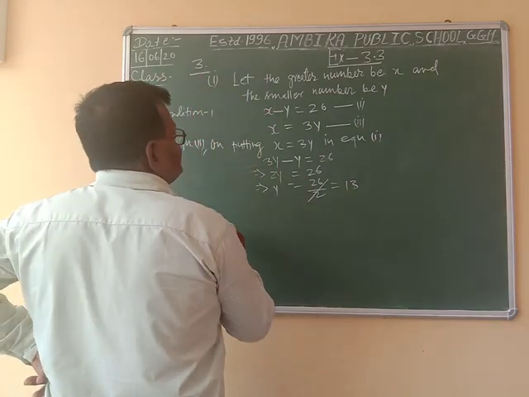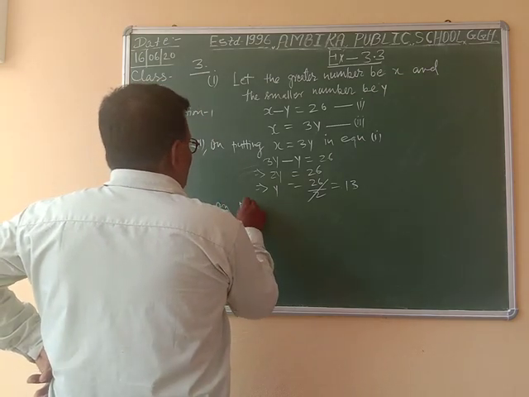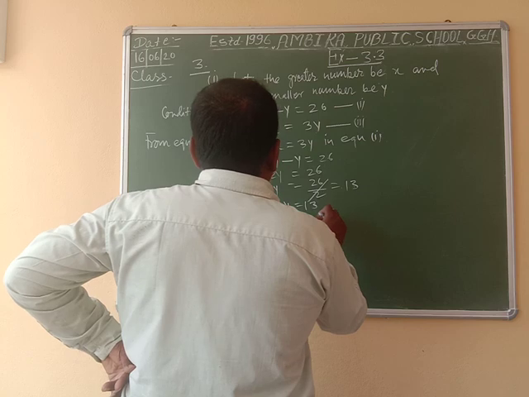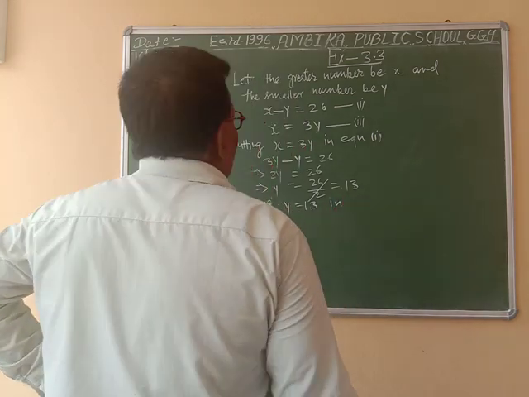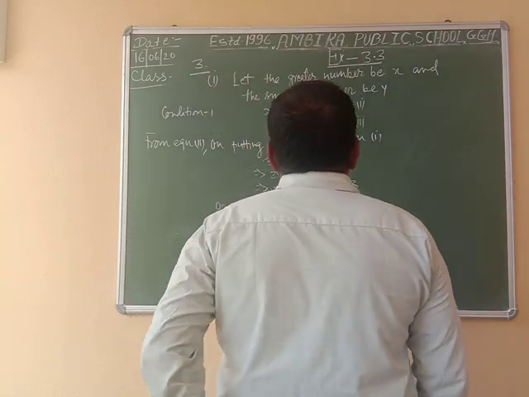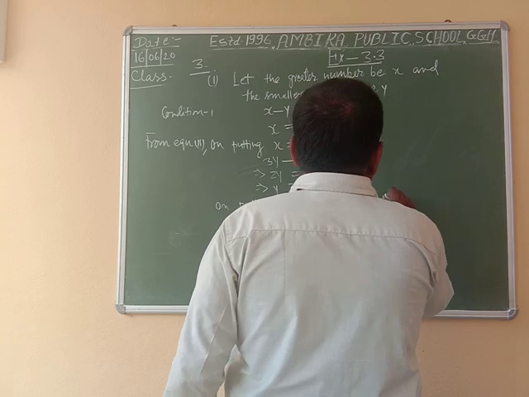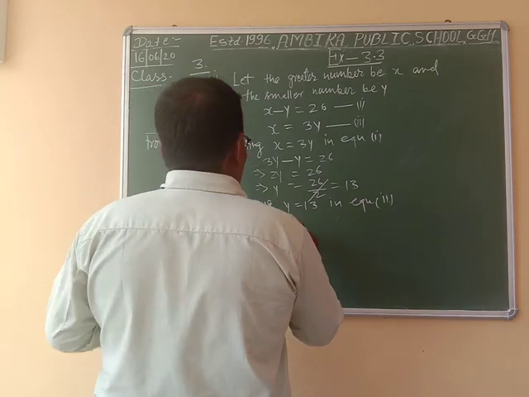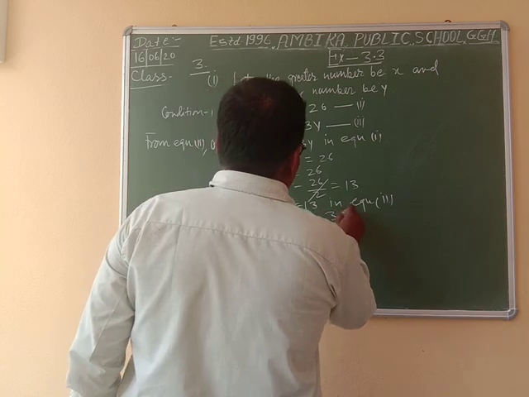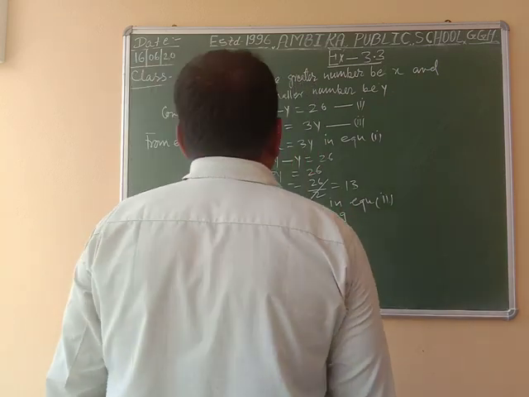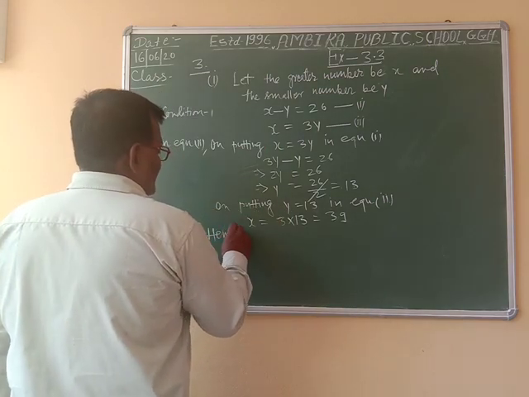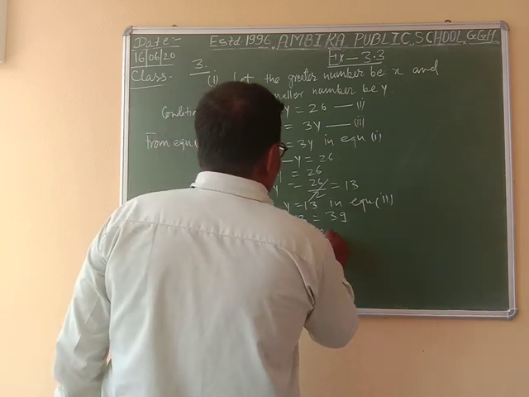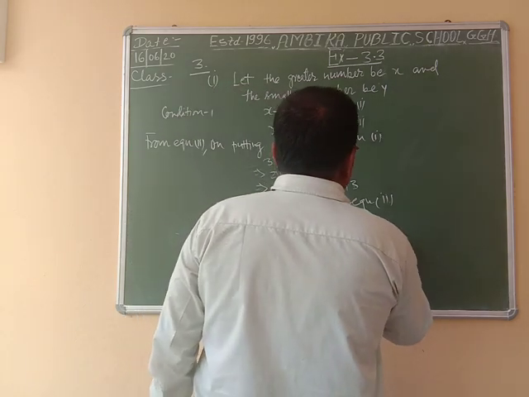On putting y is equal to 13 in equation 2, x is equal to 3 into 13, equal to 39. Hence the numbers are 39 and 13.